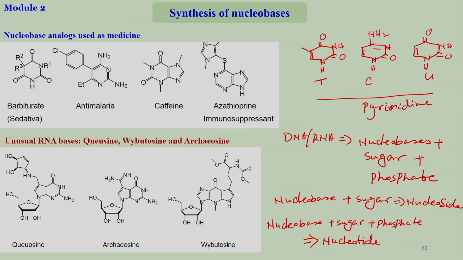So, we will see how we can manufacture or synthesize these kinds of molecules, the nucleobases, then nucleosides and then the nucleotides, in your laboratory. So, why is it important to synthesize these compounds? In biological cells, they are biosynthesized.